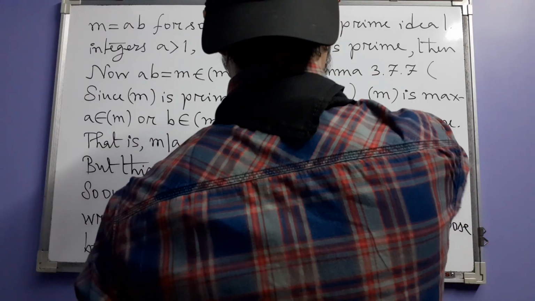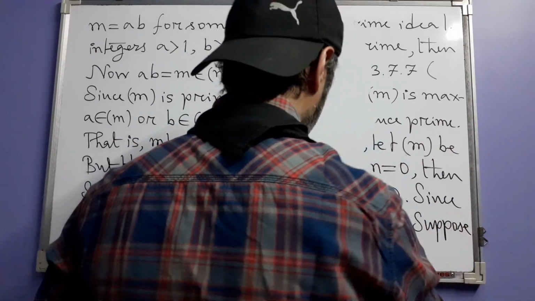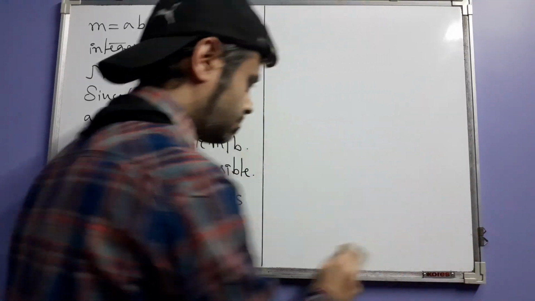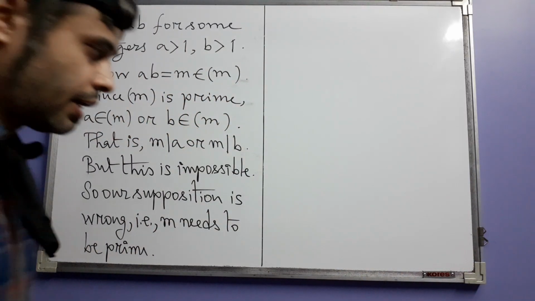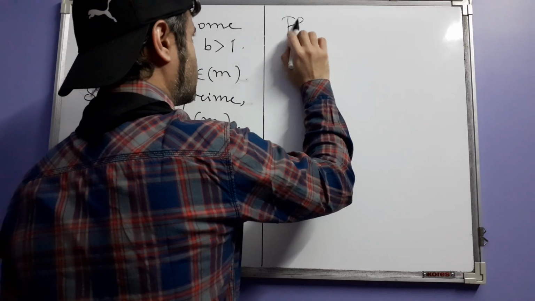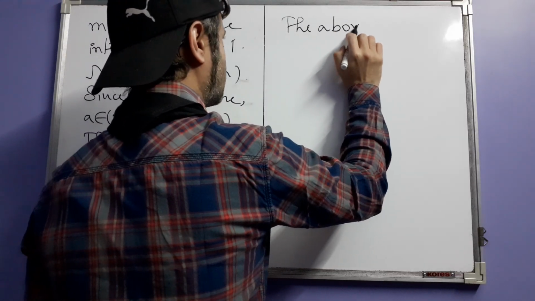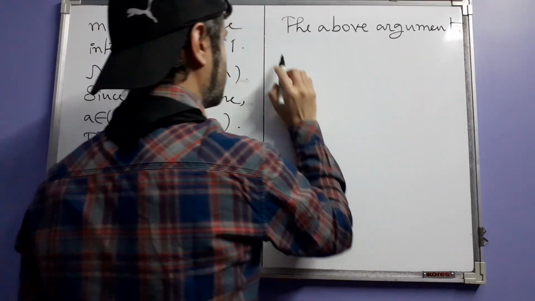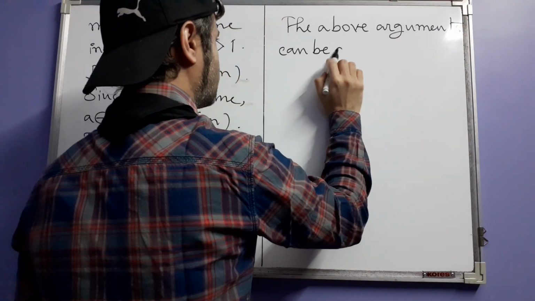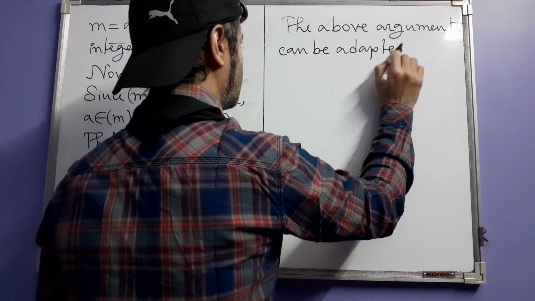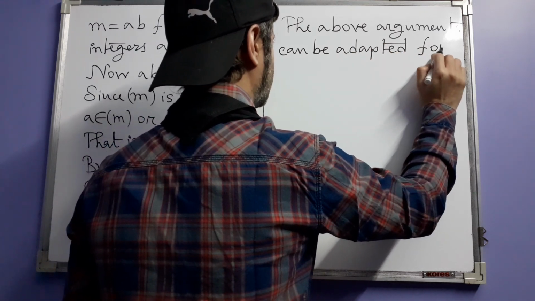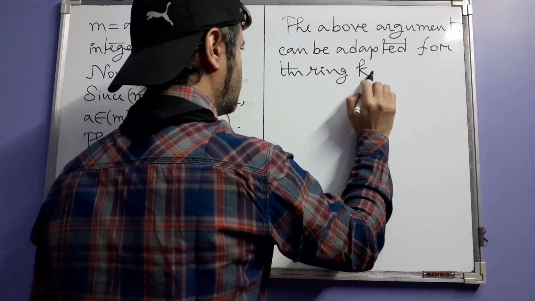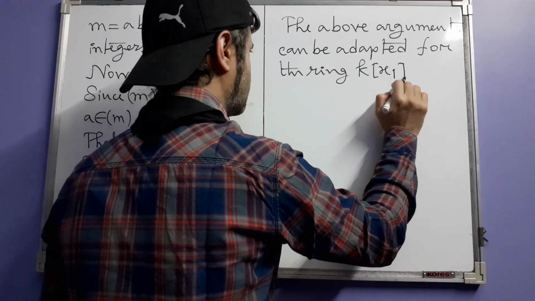In short, I will just say this. The above arguments can be adapted for the ring K[x], where K is a field.